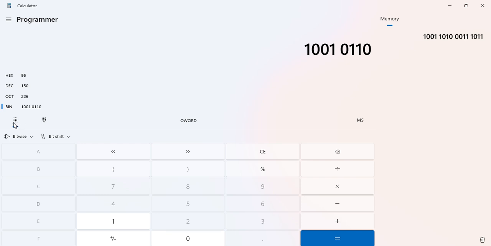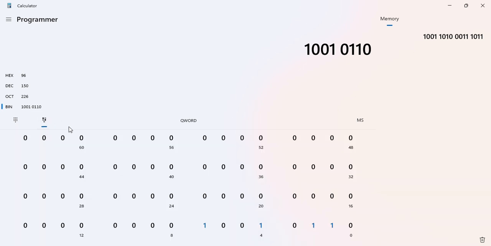And here you can find the number format and binary format. This is the binary format. So binary bits are there. It's 0-bit binary, 4-bit binary, 8 bits, 12 bits, 16 bits, up to 60 bits you can find. So when you enter 100101110, the first portion is the 0-bit binary position, and the second part is the 4-bit binary.